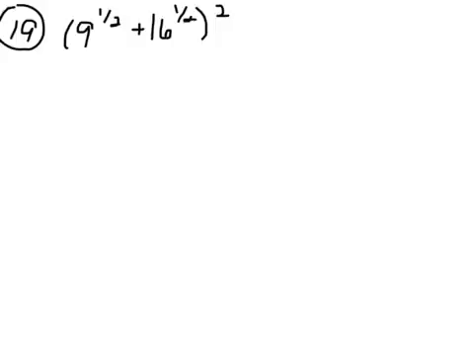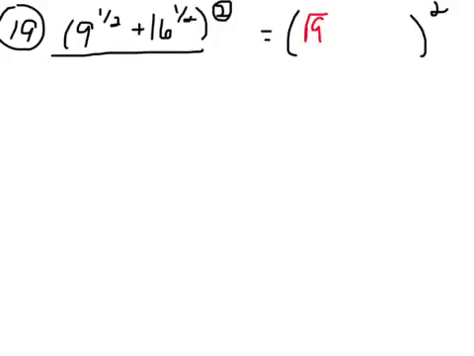Now, when you look at this, there are some things that might come to mind. You may think, hey, this 2 means there's 2 copies of these things, and that's true. But before you write 2 copies and multiply it out, look at it this way. If you look at it as a PEMDAS kind of thing, let's simplify inside the parentheses first. What does 9 to the 1/2 mean? Well, that just means the square root of 9.